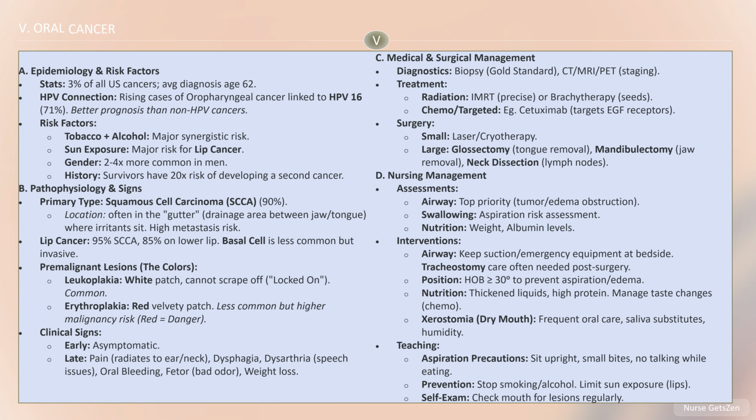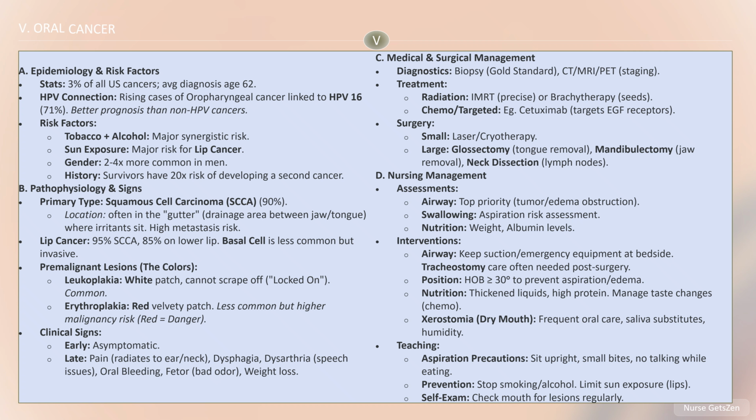It is most common in adults over 40 and has the potential for malignant degeneration. Erythroplakia, the red one, is less common but highly suspicious for malignancy. Those are macular, red, velvety lesions that require biopsy.